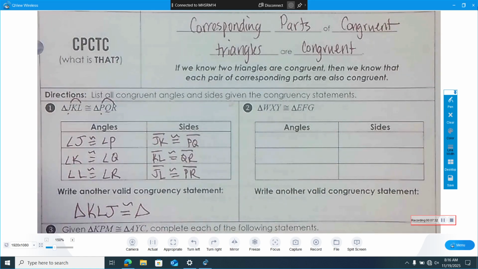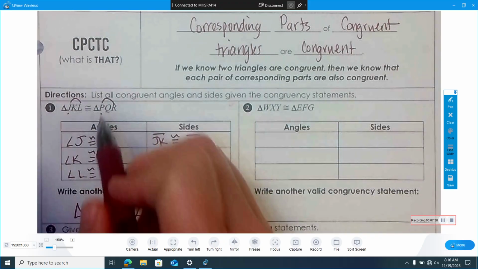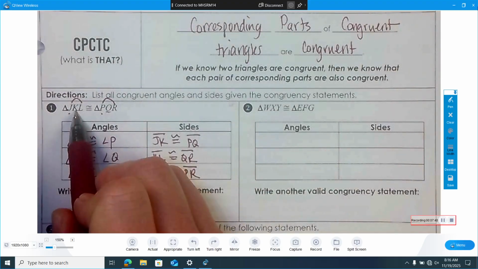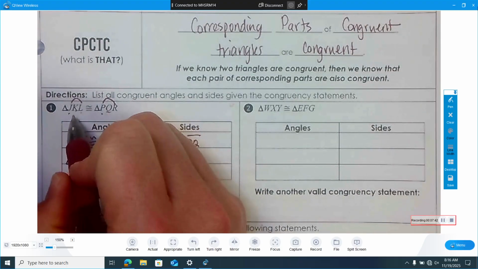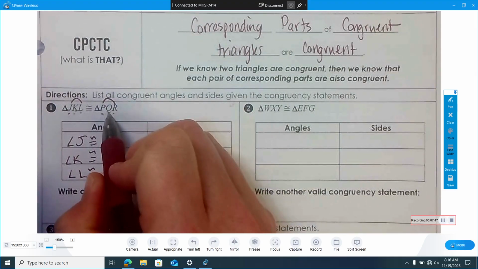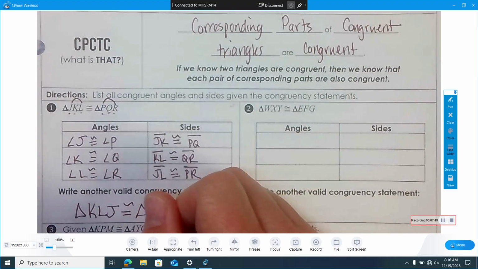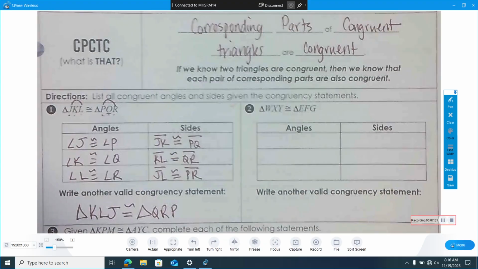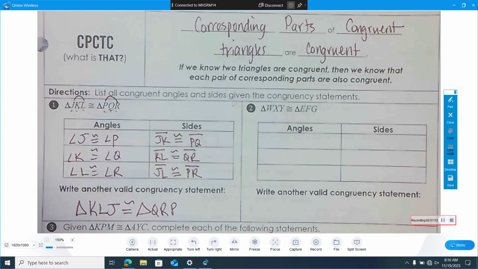K matches up with Q, so we'd have to start with Q. QRP, yeah. KLJ was a 2, 3, 1 position, so I'd do the same thing. 2, 3, 1 would be QRP. So there are 6 different ways we could write valid congruency statements, okay?